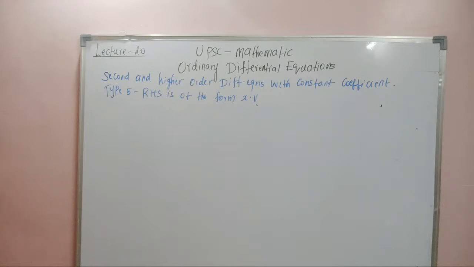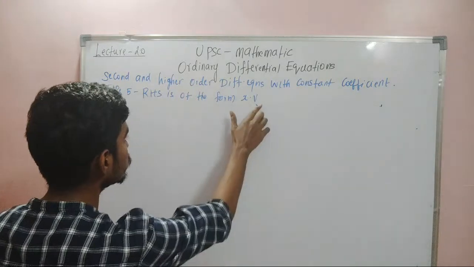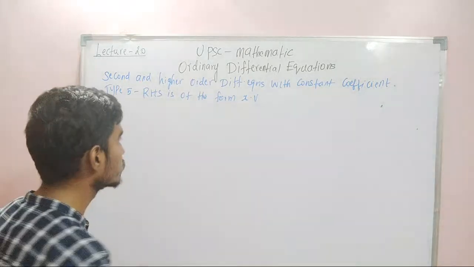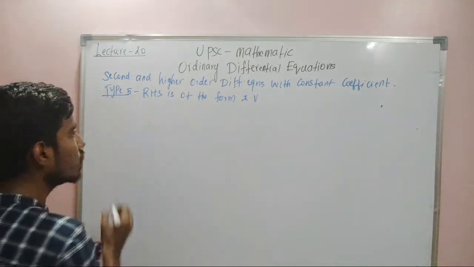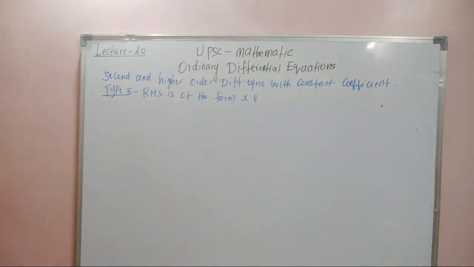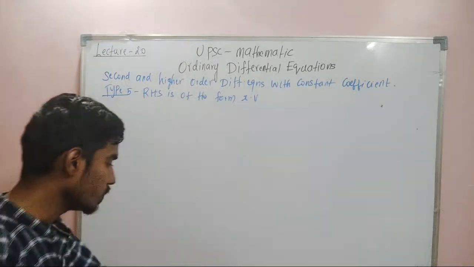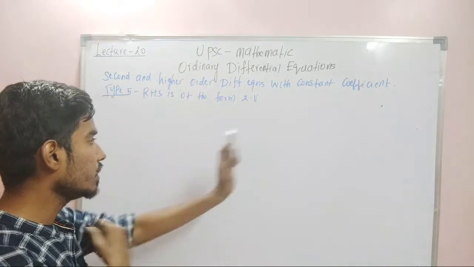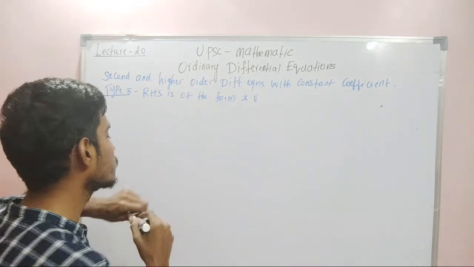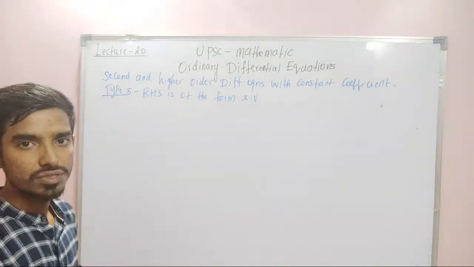So we'll move on to the first problem now. There are two ways to solve these types of equations, that is, a type 5 equation where the RHS is of the form x into b.